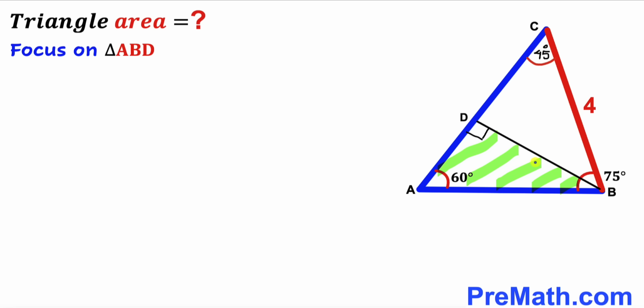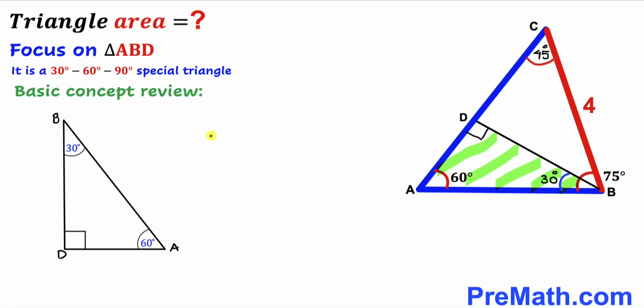Now we are going to focus on this right triangle ABD. We know this angle is 60 degrees, this angle is 90 degrees, so this remaining angle has got to be 30 degrees. So we can see that this triangle ABD is our special 30-60-90 triangle.